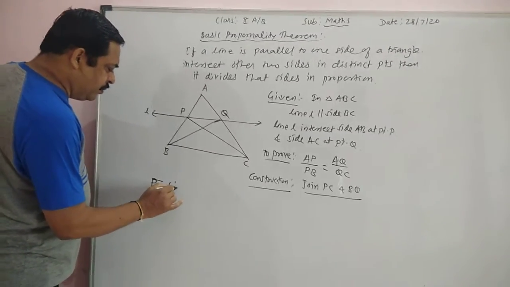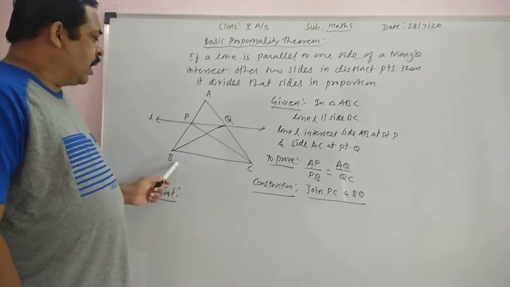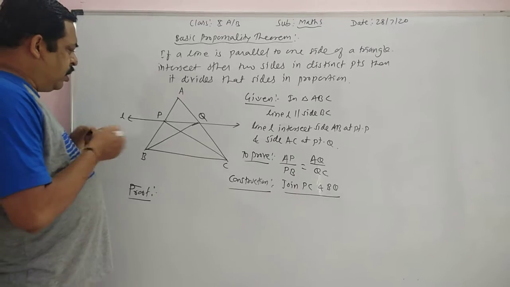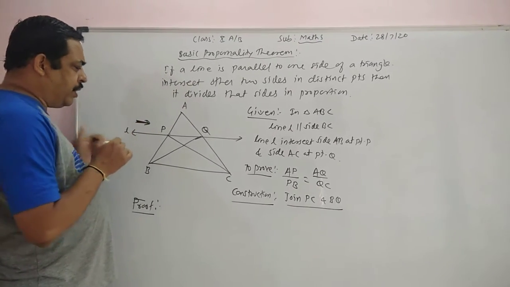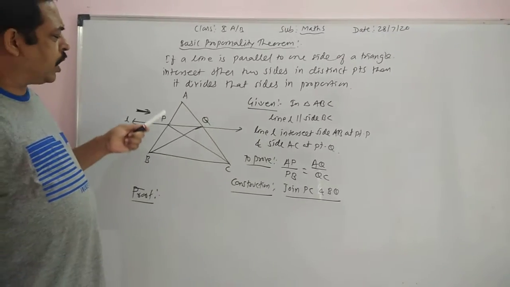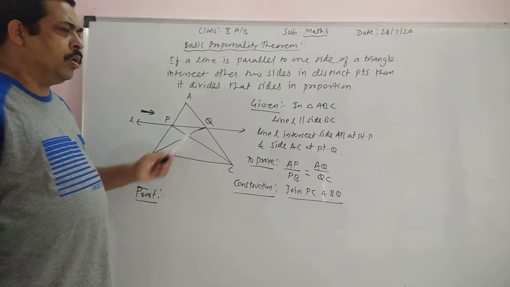Proof of the theorem. Here we consider triangle ABC. Then we observe the two triangles APQ and BPQ.